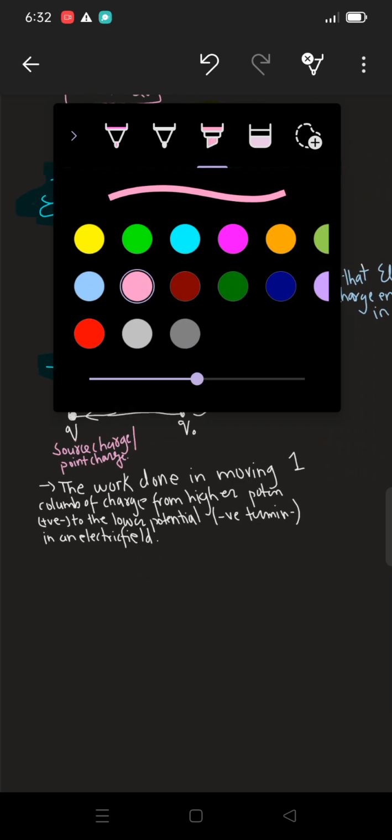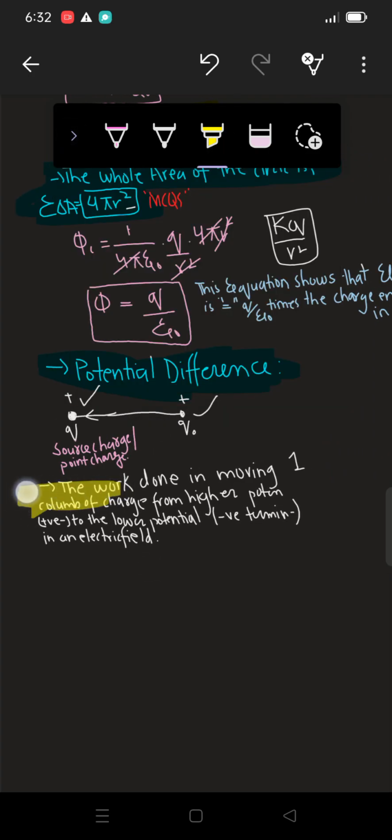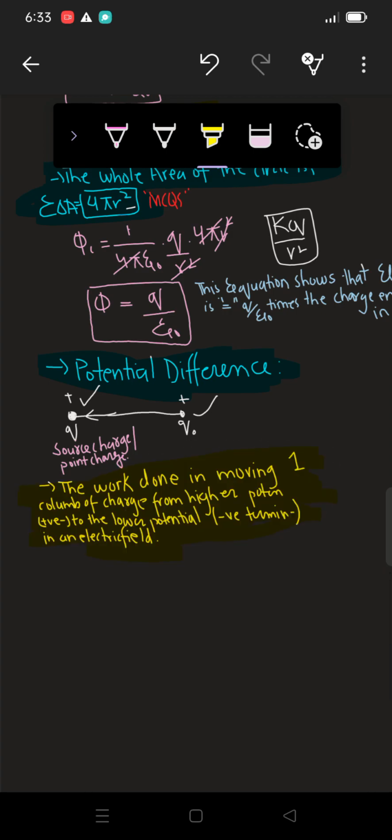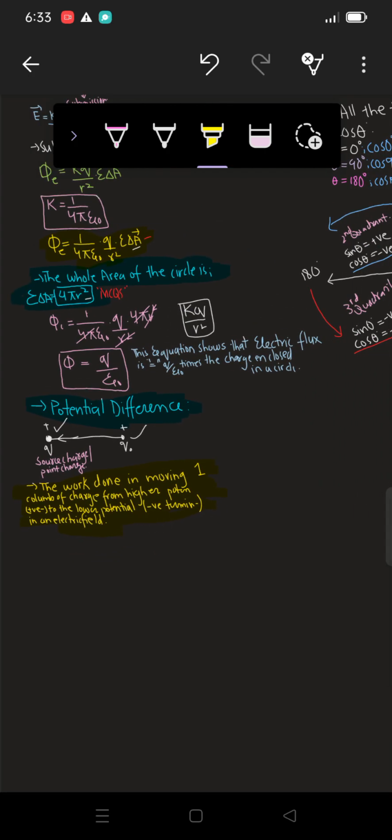So this is the basic concept of it. What is potential difference? The work done in moving 1 coulomb of charge from higher potential to the lower potential, which means from positive terminal to the negative terminal in an electric field, is what we call the potential difference. Alright, or you can say it is work done per unit charge.